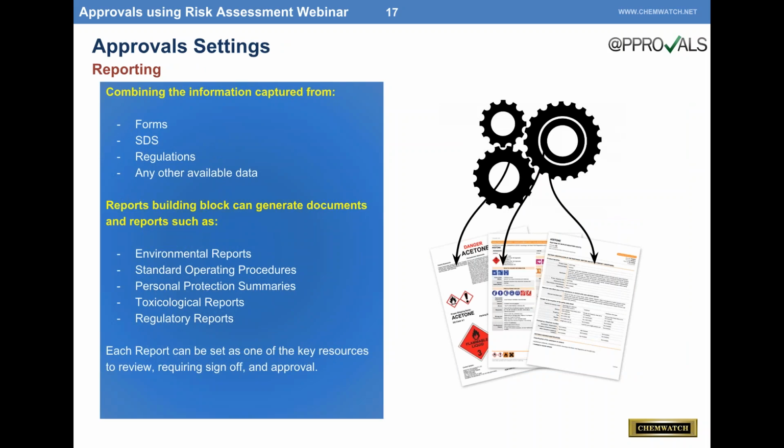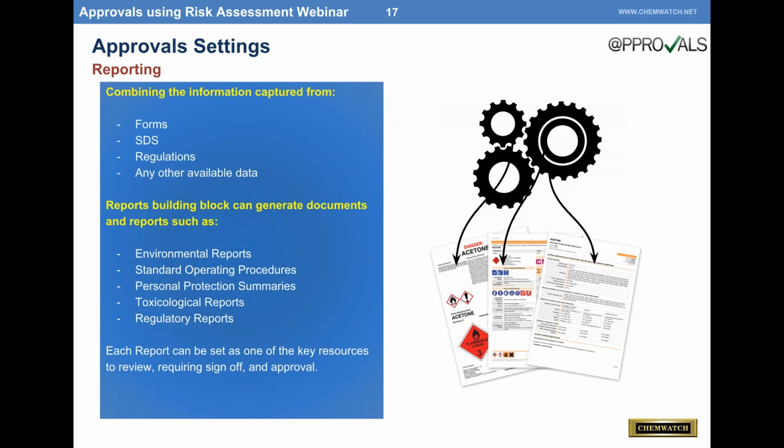So the reporting, this is sort of an input-output in terms of an approval process. In other words, the information you're capturing in the approval process itself is actually an input into your required reports. So data you capture within the process, forms, the SDS data, some regulatory data, other criteria specific to your organization, as an example.